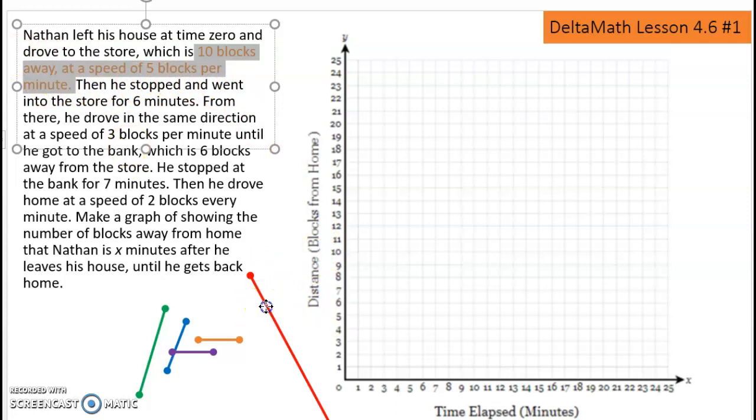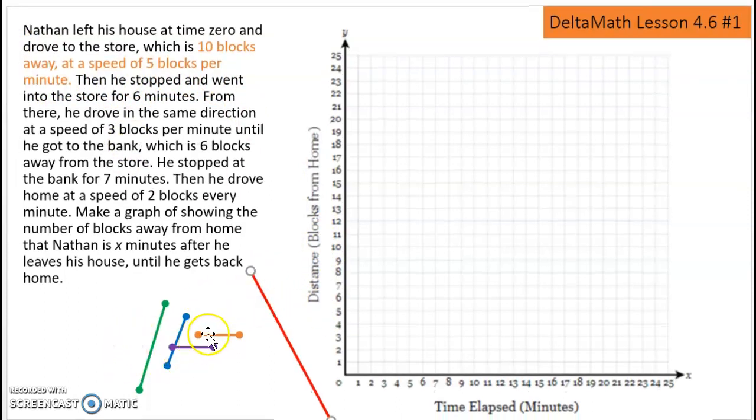So look at yours. I would start by thinking, okay, I start here, I start at 0, 0, and I'm going to travel 5 blocks per minute, and I'm going 10 blocks away. So from my base to 10 blocks is up here, okay?